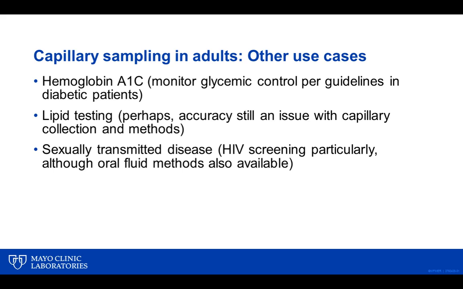So A1C is certainly something that can be done point-of-care effectively with a capillary sample. Or it could be done in a lab with a capillary sample. Actually, there are a couple of central lab methods that are now approved for capillary sampling. If you have a child or a teenager who needs A1C monitoring periodically and doesn't want a venipuncture, you can do capillary monitoring either at point-of-care or in the lab.